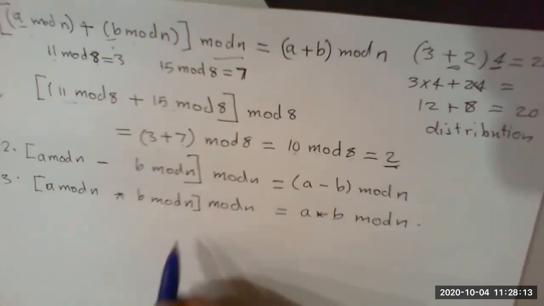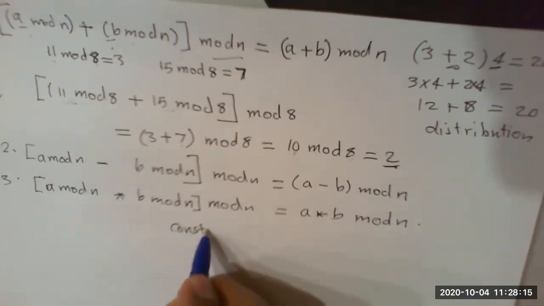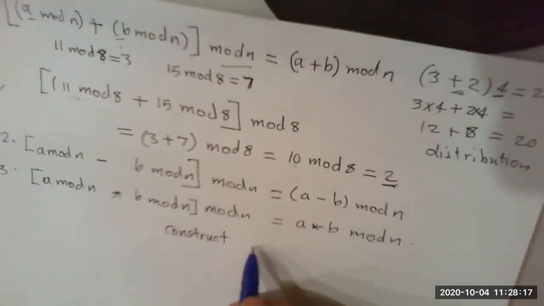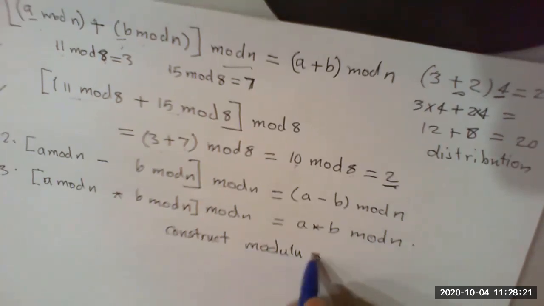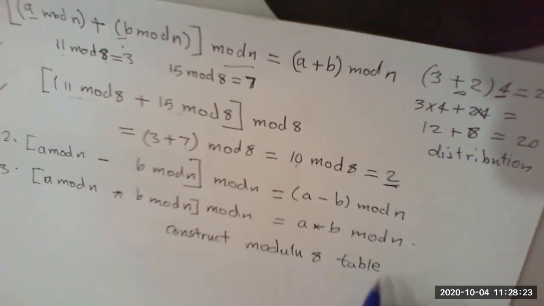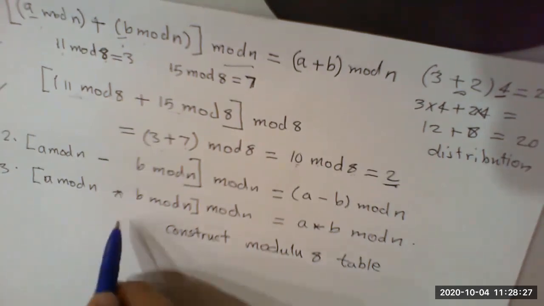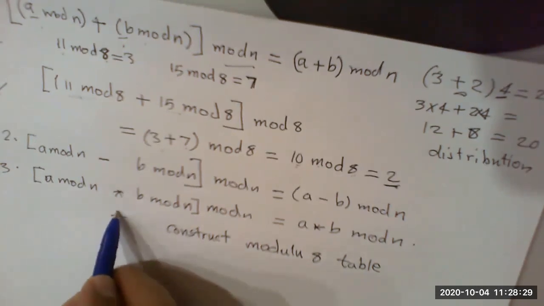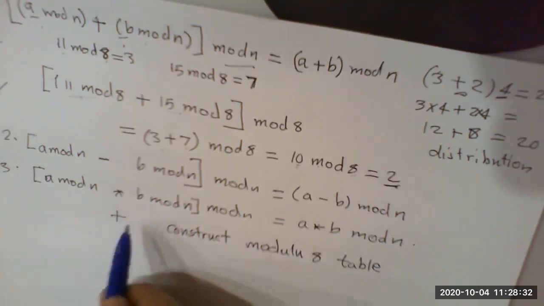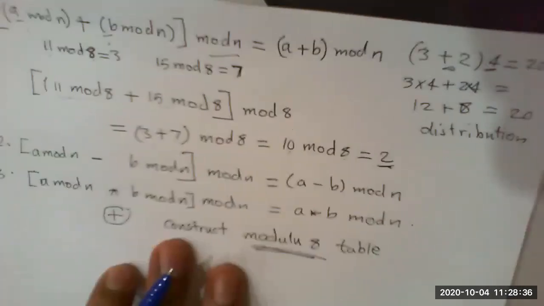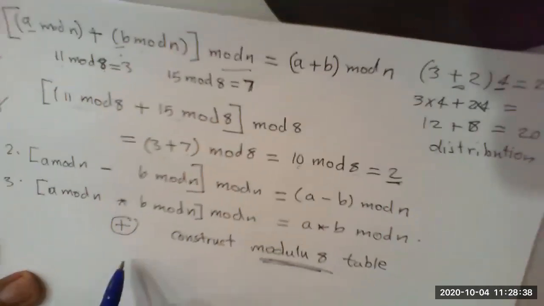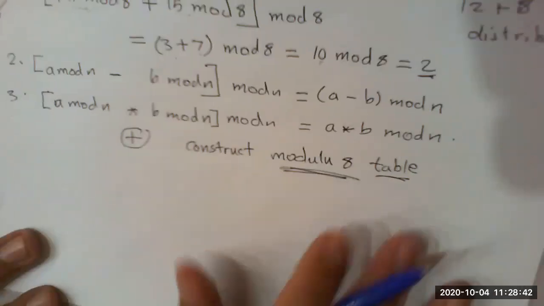Now I want you to construct a modulo 8 table. Let me do the summation for you: summation modulo 8. If I want to construct this table, it is very straightforward too.